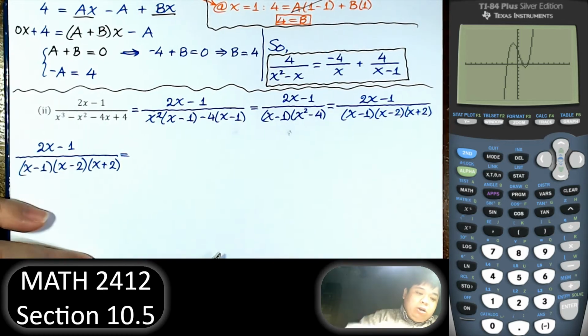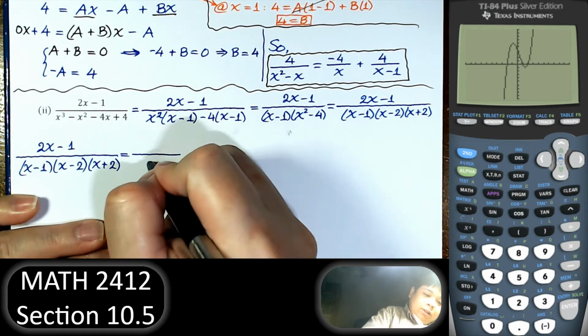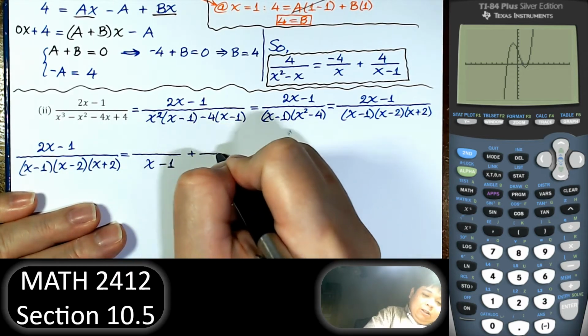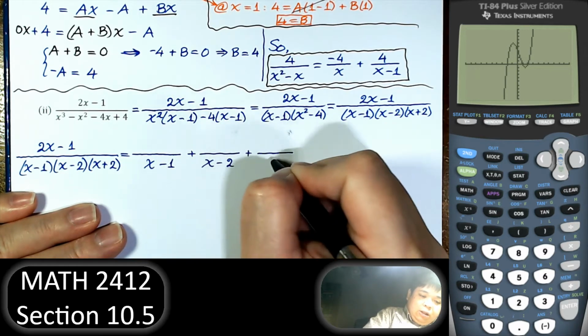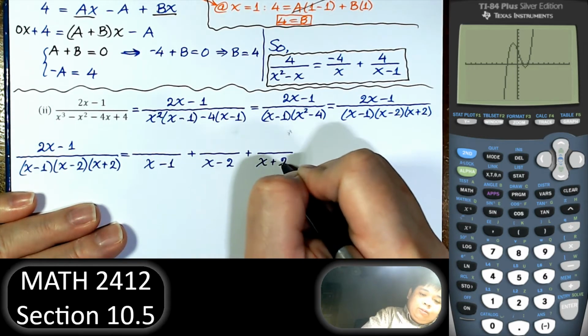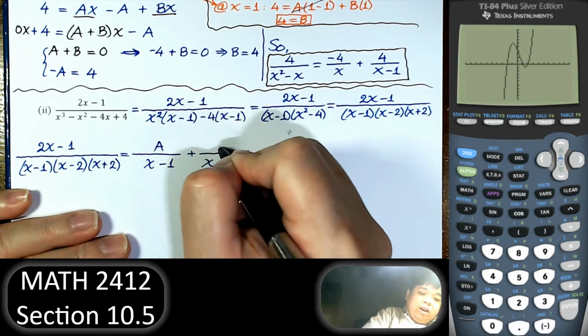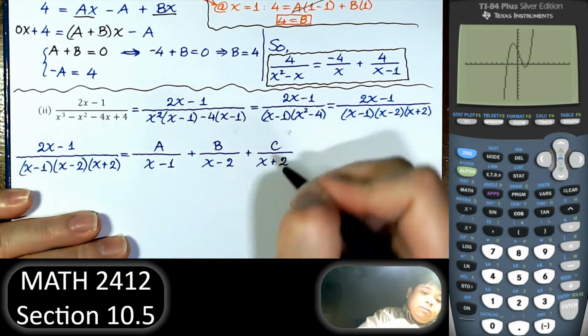We split them into little fractions: x minus 1, x minus 2, x plus 2. On the top has to be a constant. We cannot have x on the top because the degree on top cannot be more than the bottom.